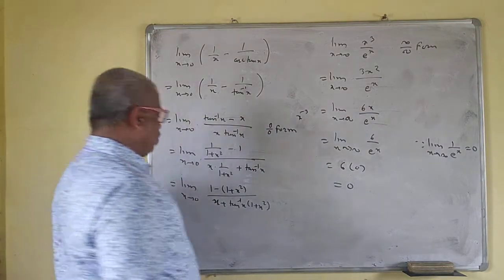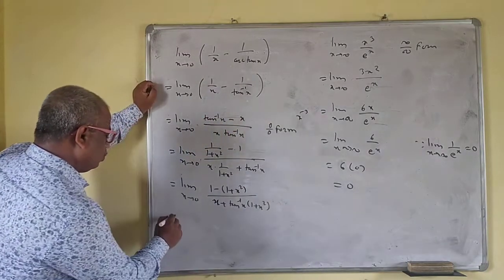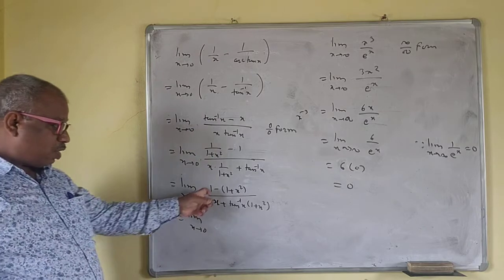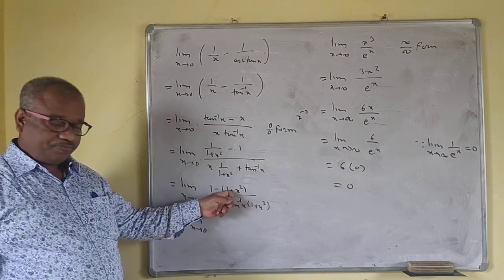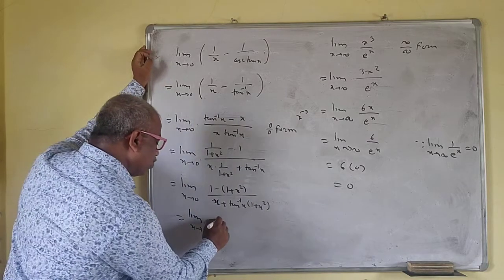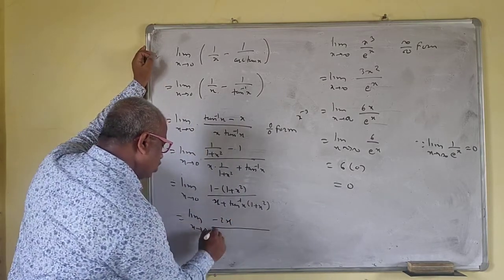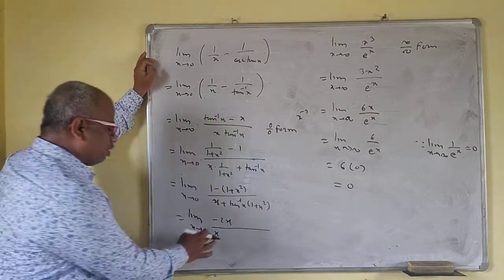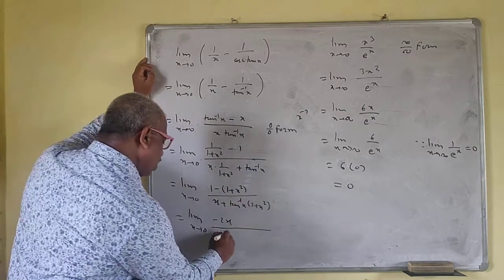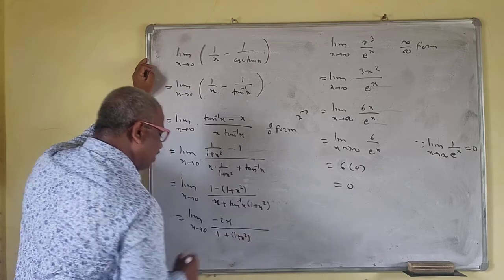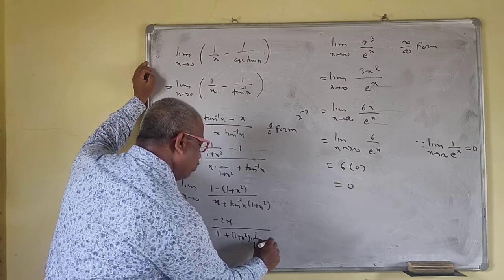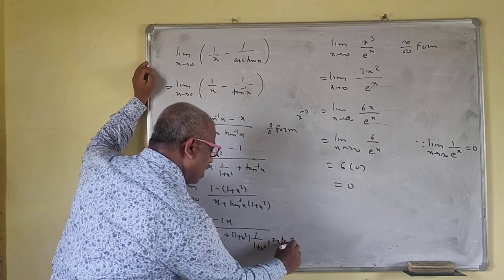Now we'll take one more derivative. So this was limit x tends to 0. Here 1 minus 1 is 0, minus x square, and the derivative of minus x square is minus twice x. In the denominator the derivative of x is 1. Now we'll apply the product rule here: 1 plus x square as it is into 1 upon 1 plus x square, plus twice x into tan inverse x.